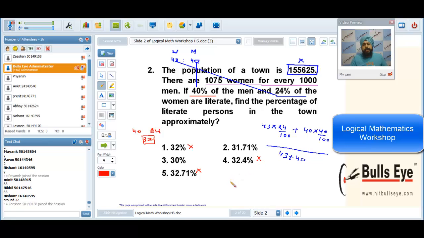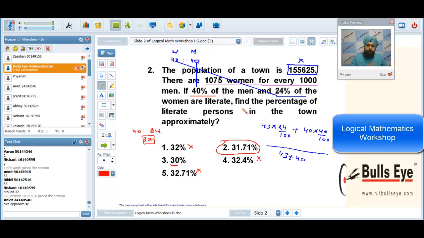It has to be less than 32, and it cannot come so close to a rounded figure if you take the ratio 43:40 into consideration, as 43 is a prime number and their sum 83 is again a prime number. So an unrounded value is possible, and the only possible one in this case is the second option, 31.71.